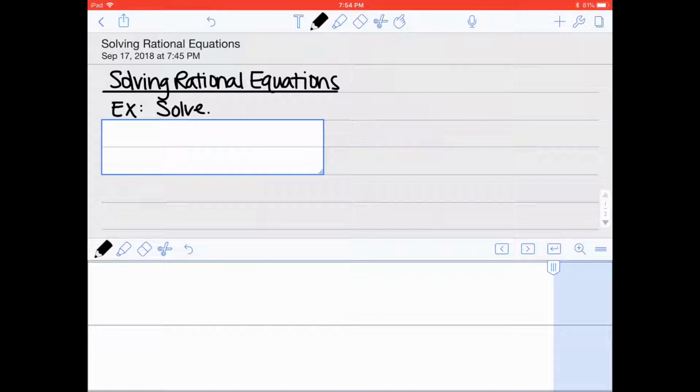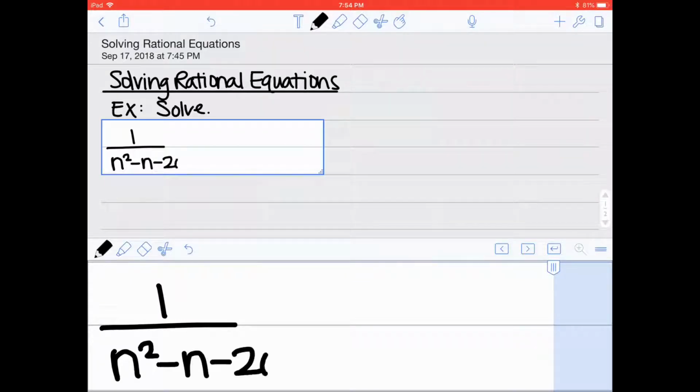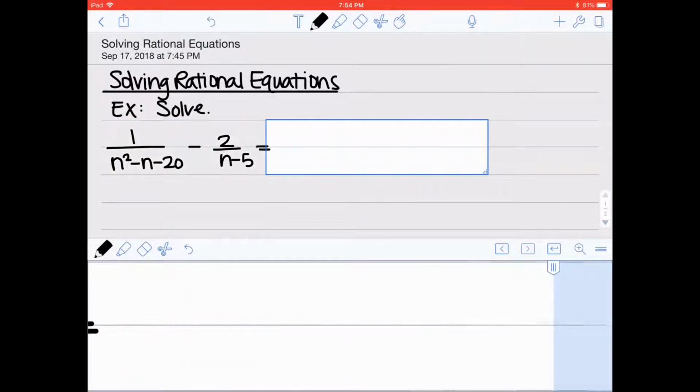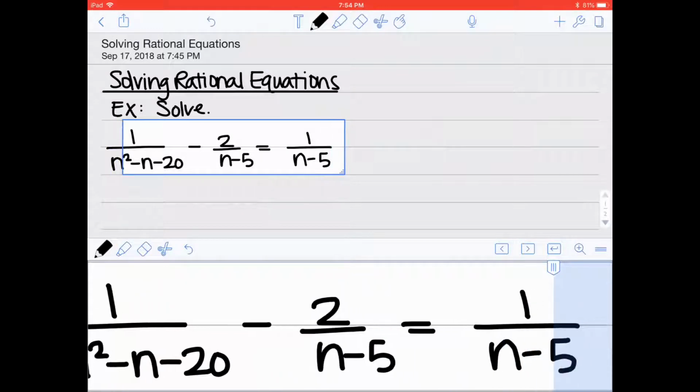And the problem says 1 over n squared minus n minus 20 minus 2 over n minus 5 equals 1 over n minus 5. Just like we did with those complex fraction problems, we had to know what all of our denominators were.